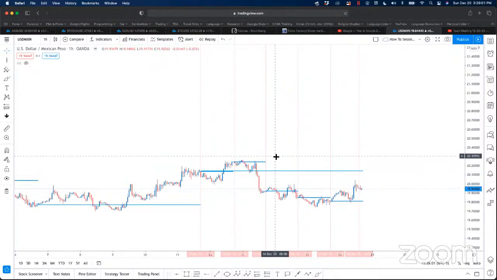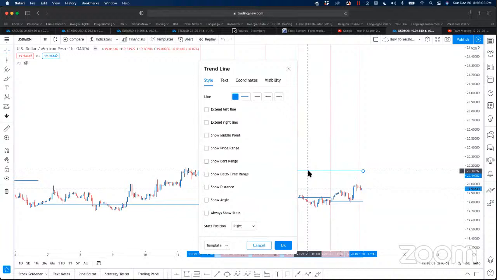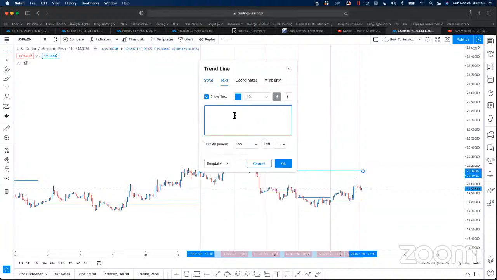And this line, you need to consider this line right here, because this line is the weekly opening price.